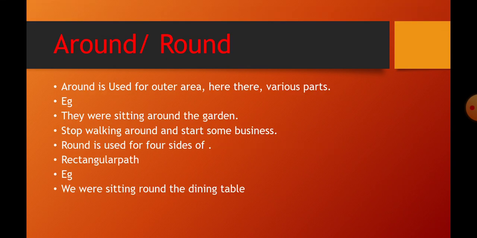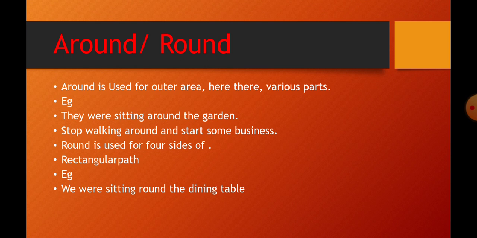Next is round and around. Around is used for outer area. Here, there, various parts. Example, they were sitting around the garden. That means here and there in the garden or the outer area of the garden.